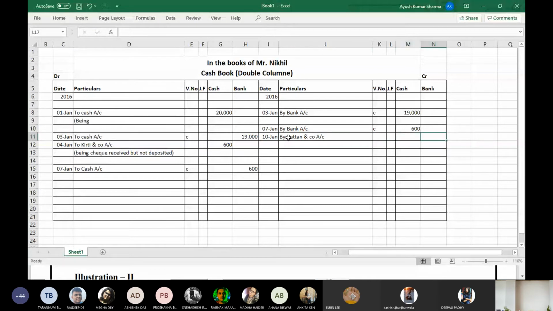We have paid by check, 330. Being payment made to Ratan by check.